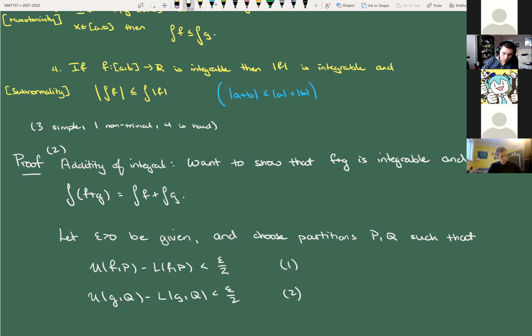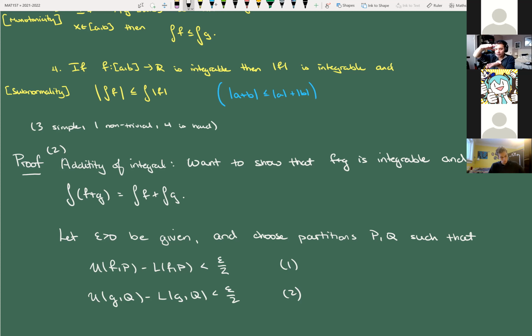Okay. Now, one thing that I haven't explicitly said, but hopefully you're comfortable with based off our discussion from last week, is that if you refine a partition, the difference between the upper and lower sums actually gets smaller. Is everyone okay with that? Because remember, when we refine partitions, the upper sums get lower and lower sums get bigger.